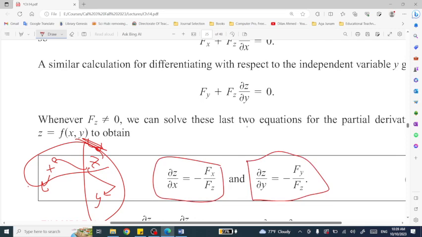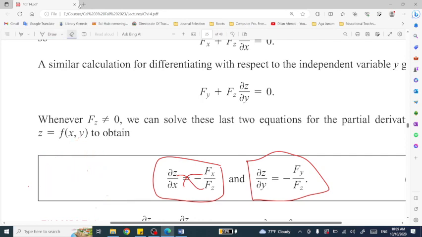Change dy over dx to partial z by partial x, partial z by partial y. And of course, z will be here, x will be in the numerator. I didn't get it. Okay, look at the example.